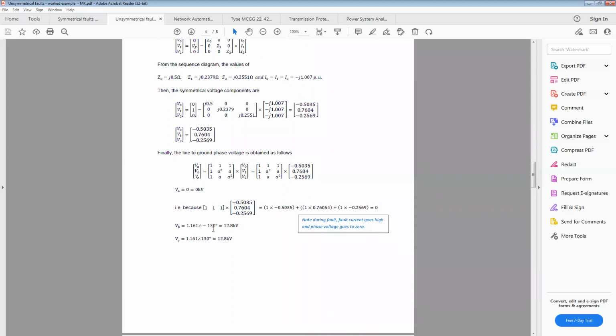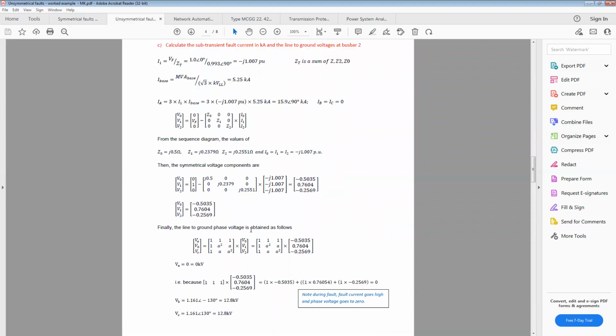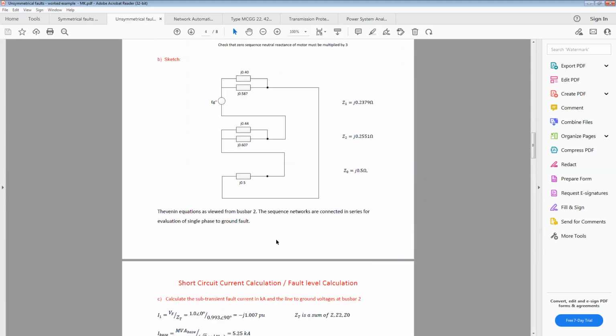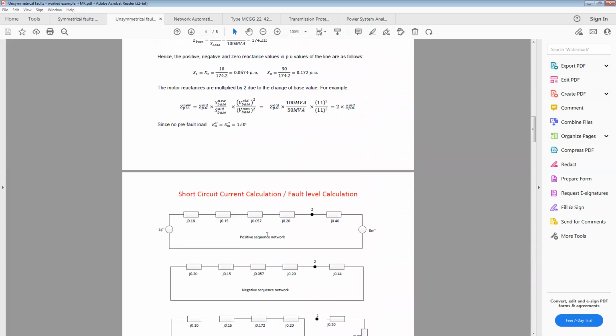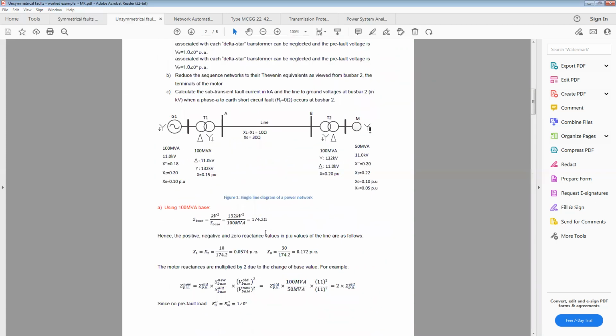If you look at this, for example, phase A is 0 kilovolt, because during the fault, the fault current is getting high and the voltage is 0, but phase B and phase C are unaffected, which are still 12.8 kilovolt each. Okay, so this step is for unsymmetrical fault.